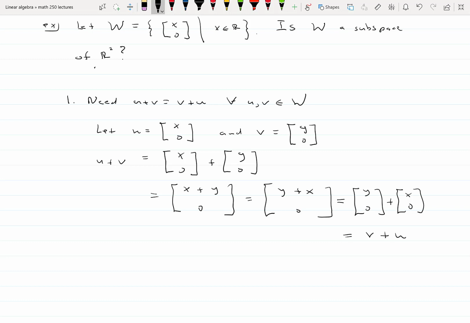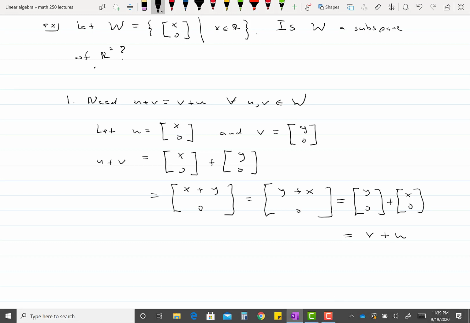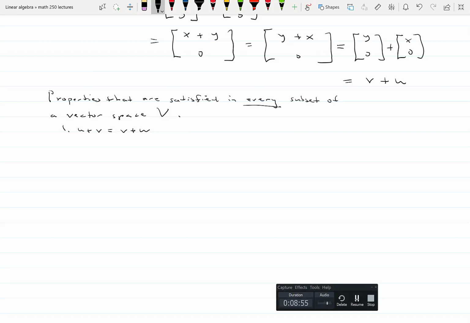So let's take a look at that more carefully. Properties that are satisfied everywhere in a vector space V, in every subset, no matter how big or small, of a known vector space V, I'm going to list, so they don't need to be rechecked.